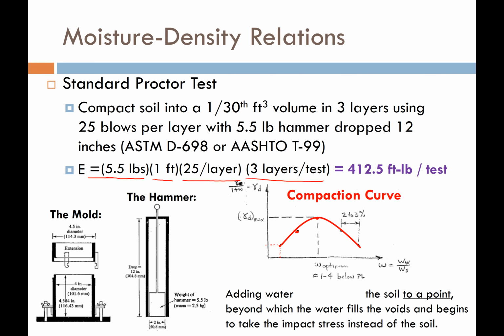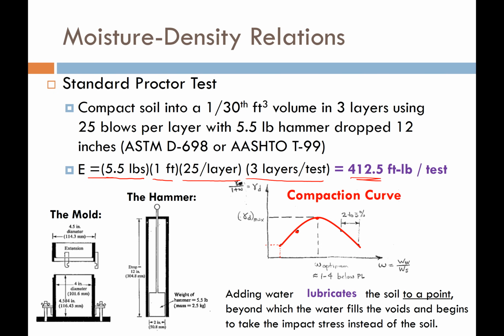Now, why in the world would that happen? Well, because adding water is going to lubricate the soil particles to a point and help them get closer and closer together when we add this 413 foot-pounds of energy.